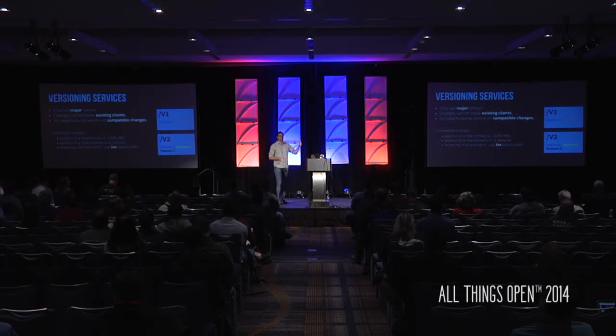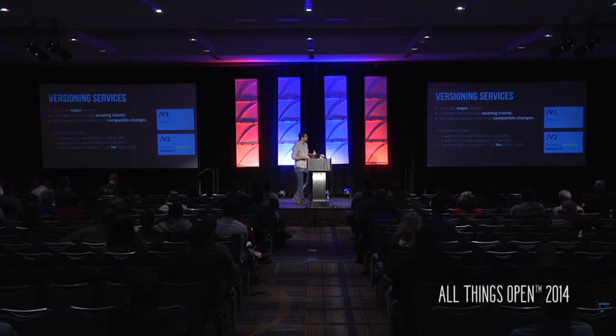So if you think about it, there's no need to update version 1 to version 2. Clients can still use that same version, as long as you follow the rules that changes cannot break existing clients. And that's where the effort needs to be. You need to make it so that any changes added to your API do not break existing clients. And a lot of them are actually backwards compatible.